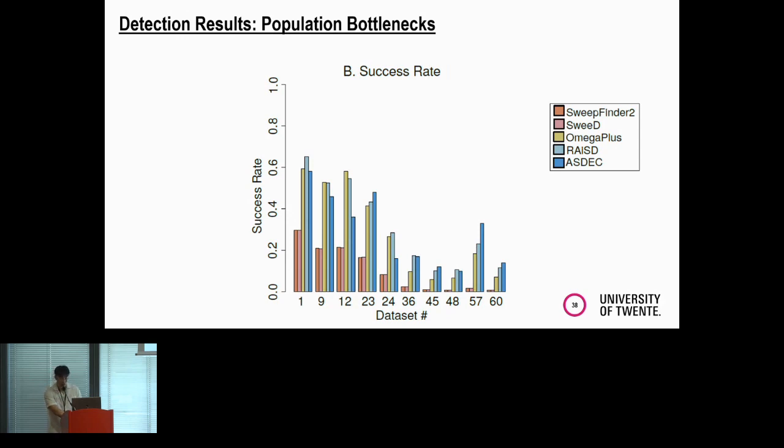Also, the higher success rate denotes the better performance. Although for some data sets SDAC had a slightly lower success rate than Omega Plus and RAiSD, still for the severe bottleneck data sets, SDAC has higher performance than other tools.